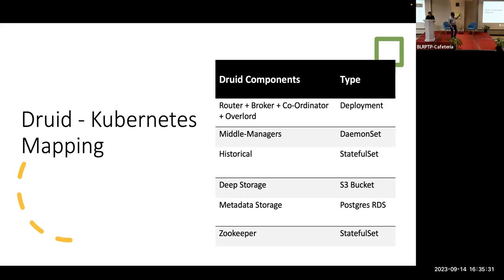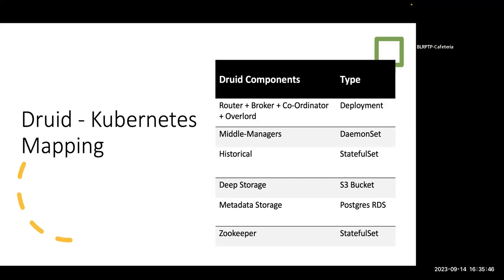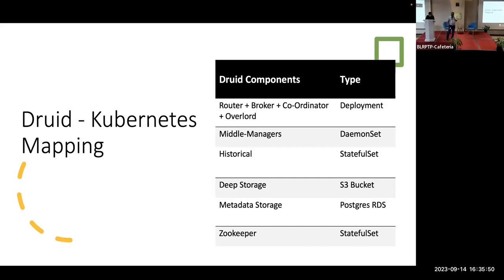Now again, like Shiv has already mentioned, this Druid on Kubernetes is present on AWS. For the external dependencies, for deep storage we are using an S3 bucket, and for metadata storage we are using RDS. The last and most important part, which makes this entire component communication possible, is Zookeeper.